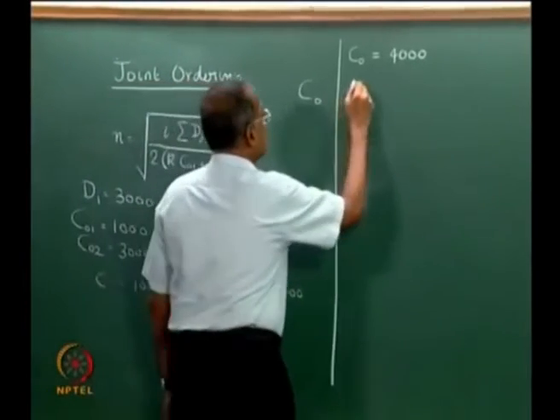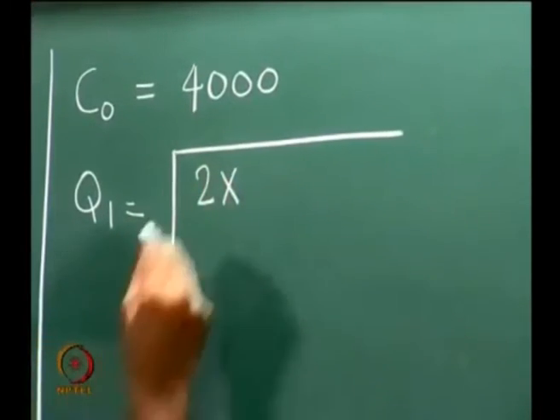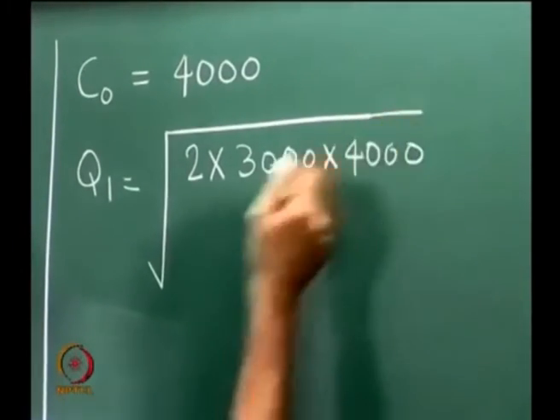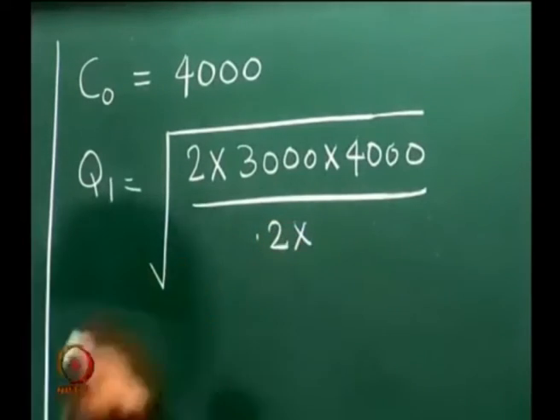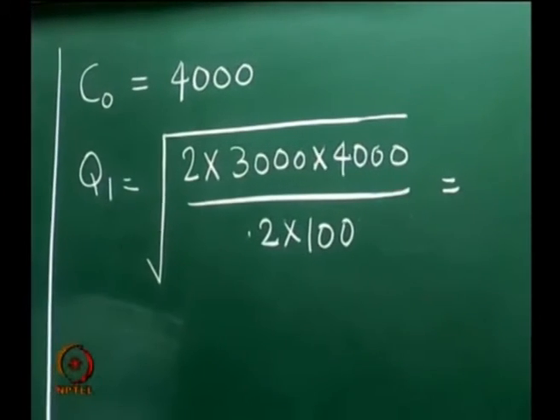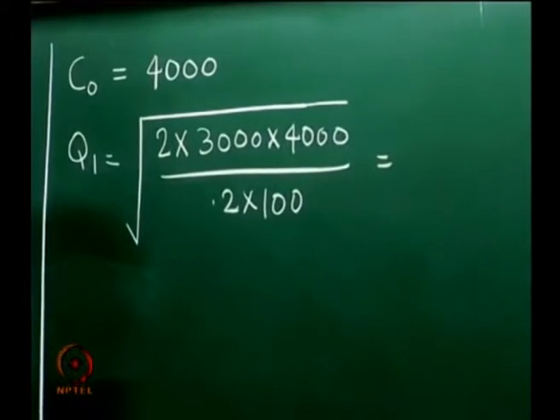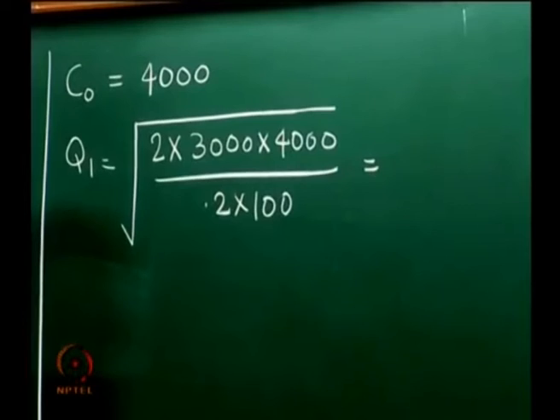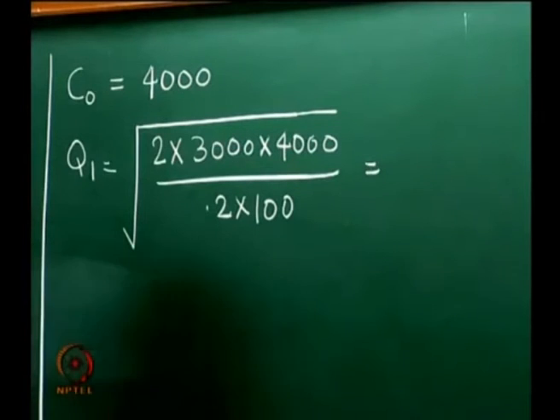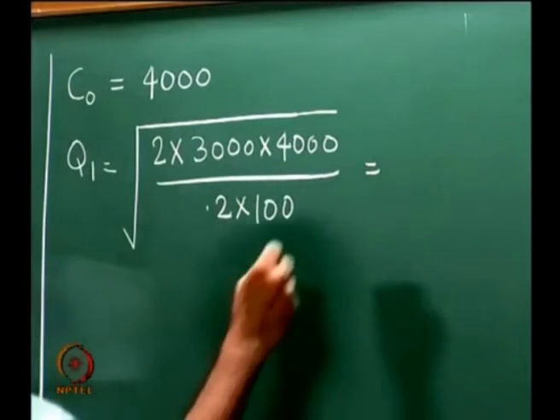For the first item, Q1 will be root of 2 into demand 3000 into 4000 divided by 0.2 into 100, which on computation becomes 1095.44.